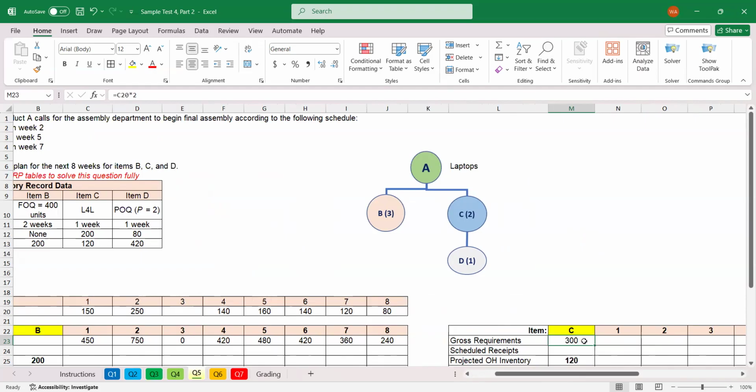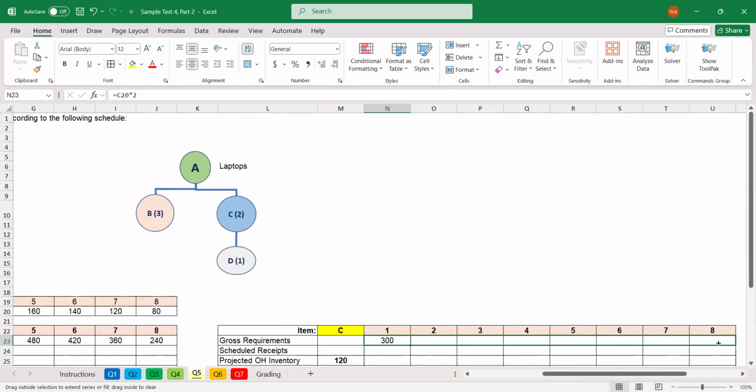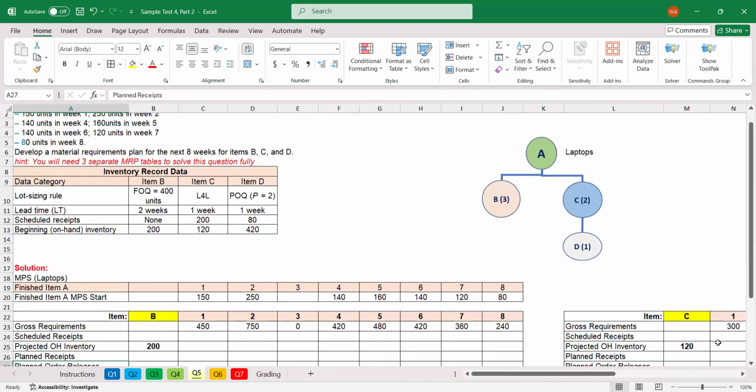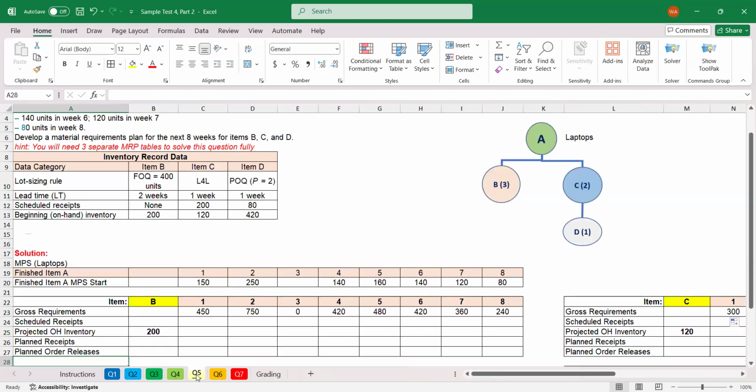I think I got it in the wrong cell. Let's move it here. So this would equal 150 multiplied by 2, because that's what we have here. Drag it all the way to the end. So that now tells you how much whoever is making part C will need to have finished at the end of every week.